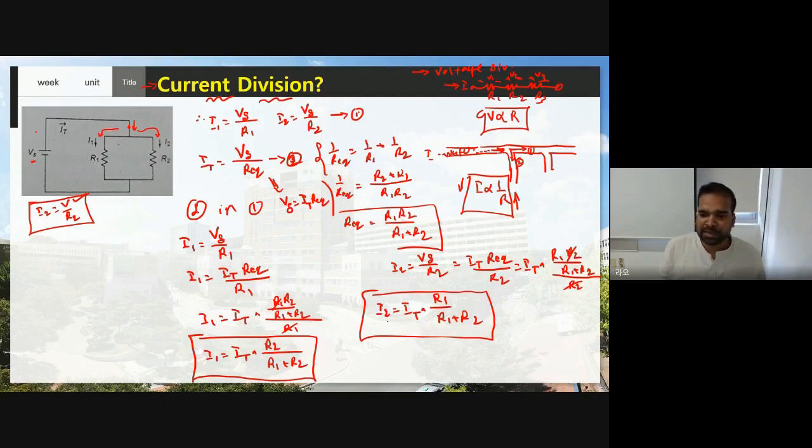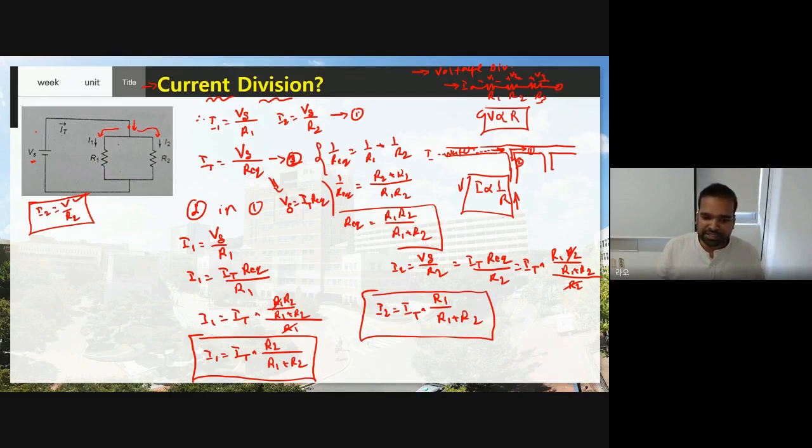Now see, the same thing we will apply for I2. I2 equal to IT total current. Now you are finding current at R2, what is the opposite resistor? R1. So R1 by the sum of the resistances R1 plus R2. So this is the formula for finding.